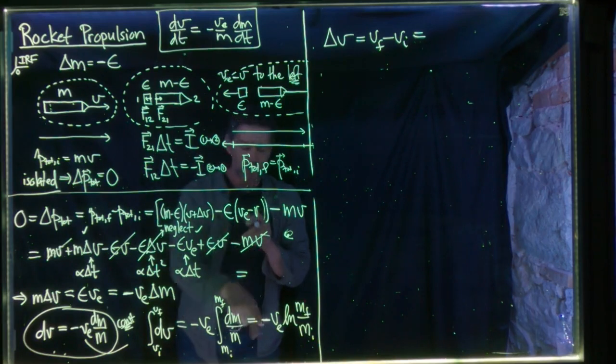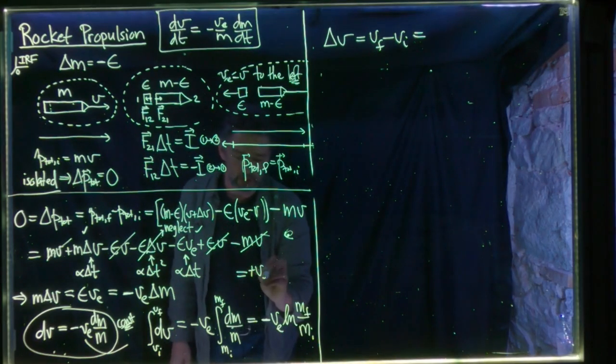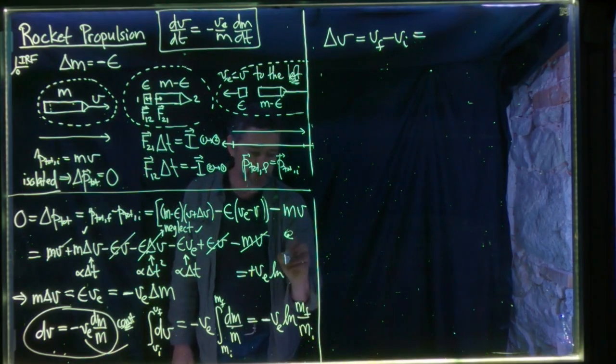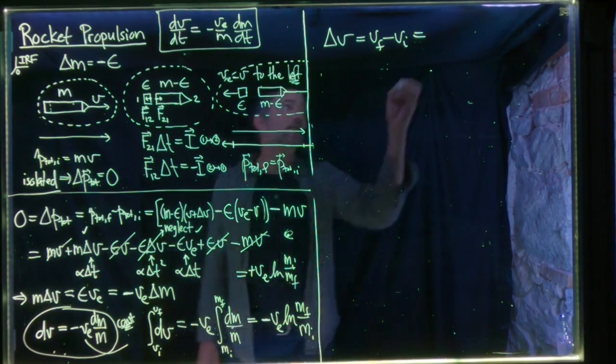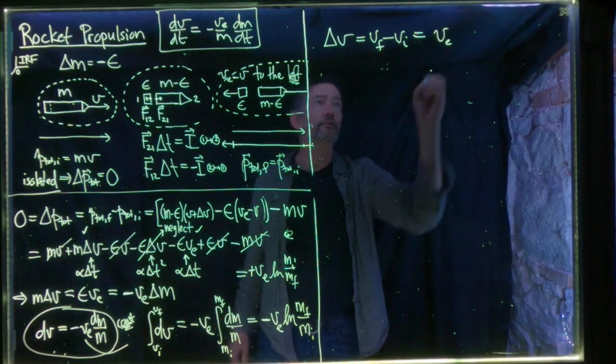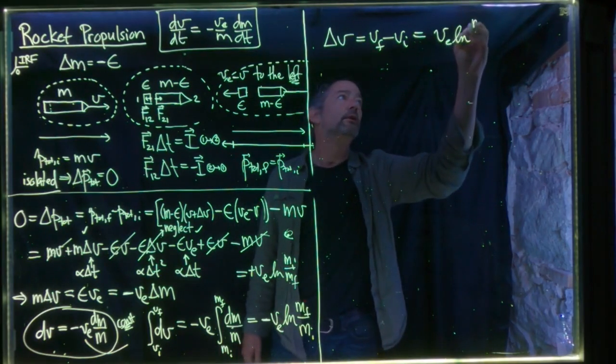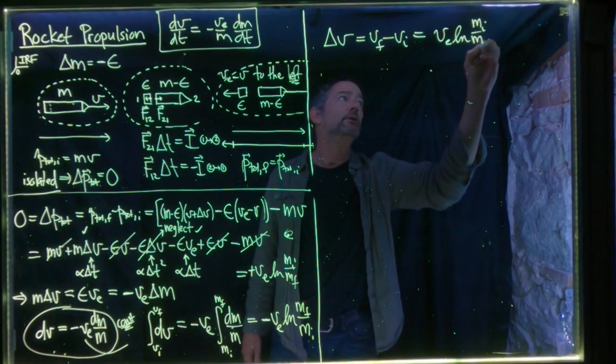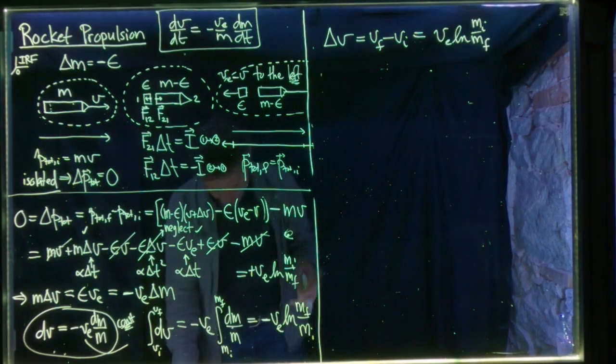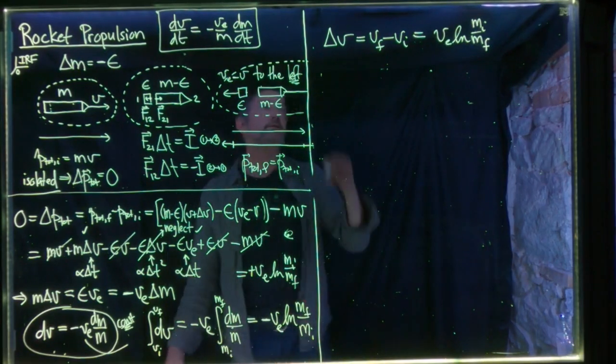So to get rid of that minus sign and turn it into a positive sign, we just need to flip m final over m initial and have it m initial divided by m final. Okay, so this becomes VE, positive VE, times the log of m initial divided by m final. Okay, so this is the rocket equation.